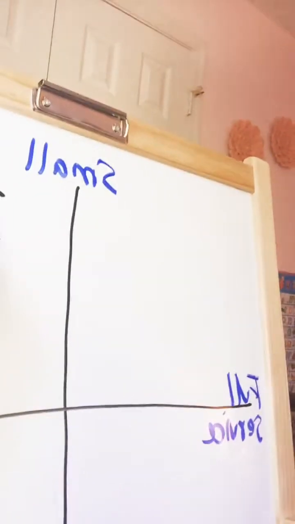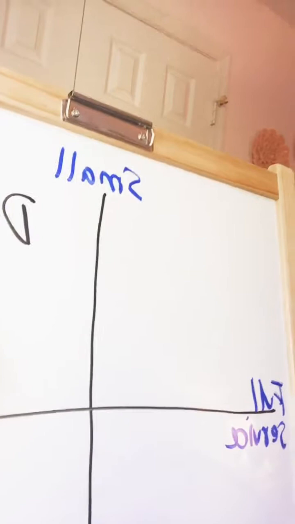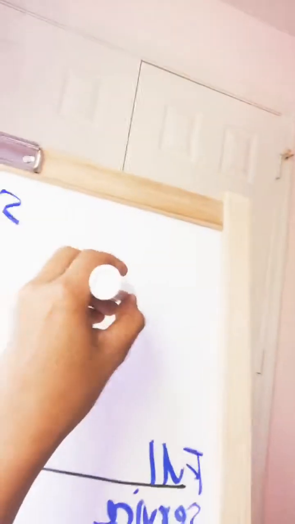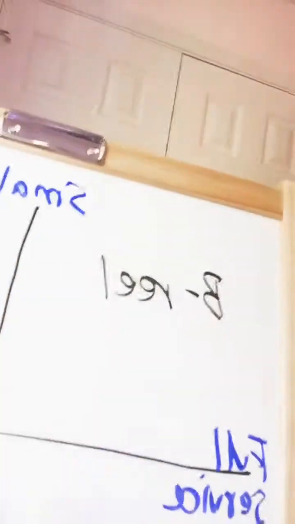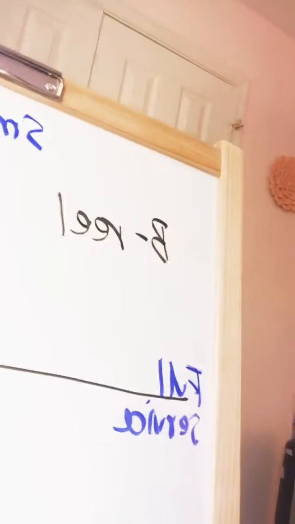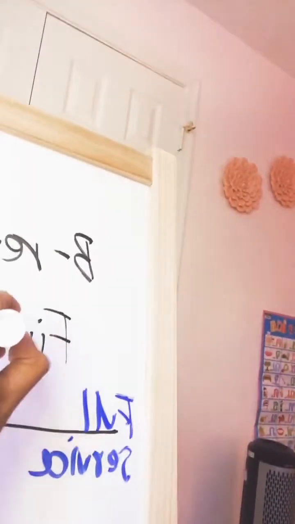Droga5 is a small agency that only provides limited service. Be Real is also a small company, but based on my research, they provide full service, as does Firstborn.